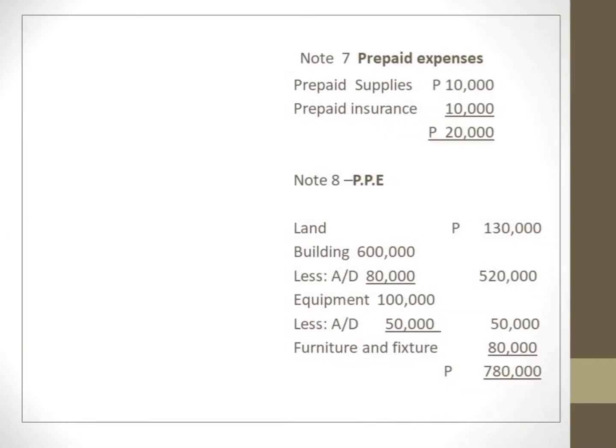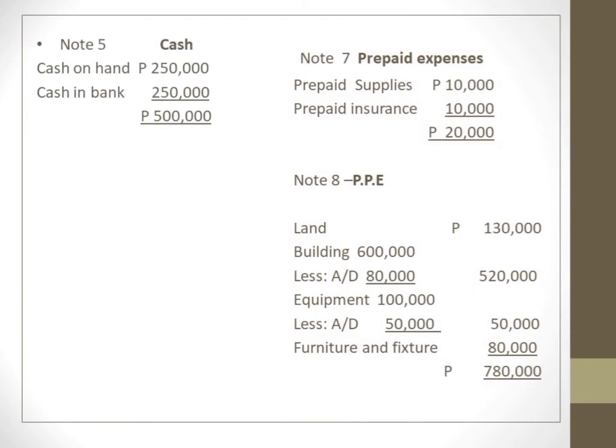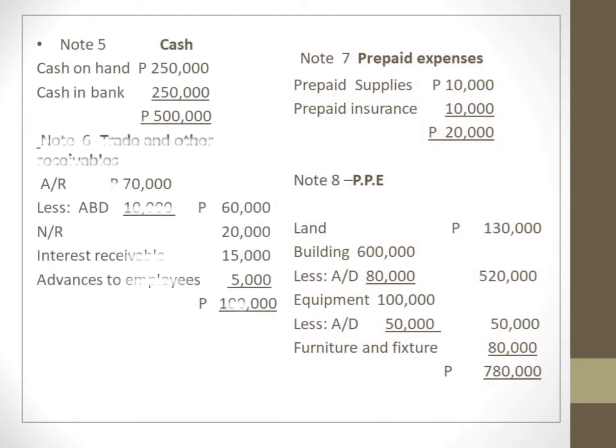What was presented earlier in the asset section is the summary of the assets. Now, let us check the notes of the accounts that are summarized. For cash, we have cash on hand and cash in bank. Under trade and other receivables, we have accounts receivable, notes receivable, interest receivable, and advances to employees.